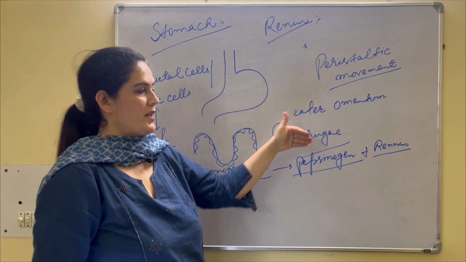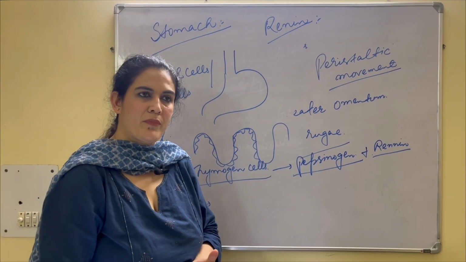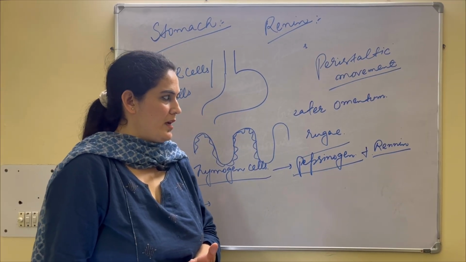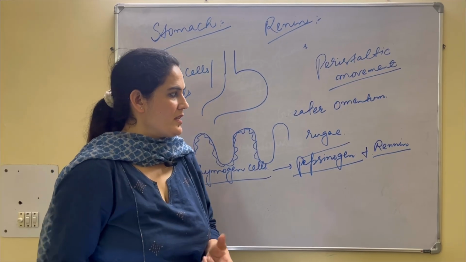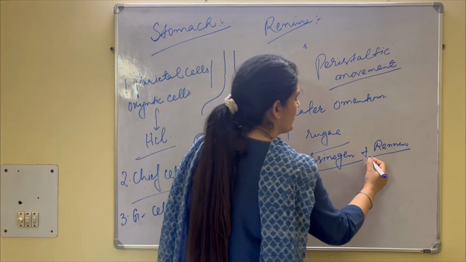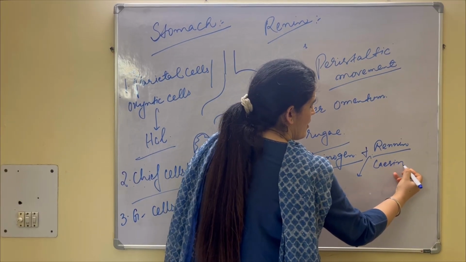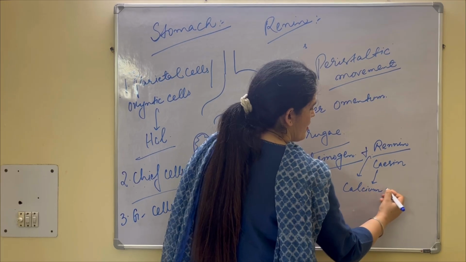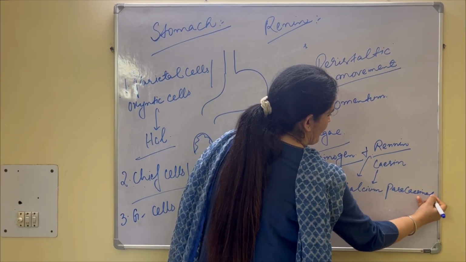यहाँ पे जो ये rennin है basically, it's present in infants. So infants में ये milk digestion में help करता है. यहाँ मैं थोड़ा सा आपको बता दूं, मिल्क में एक प्रोटीन होता है कैसीन. It converts that into calcium paracaseinate.